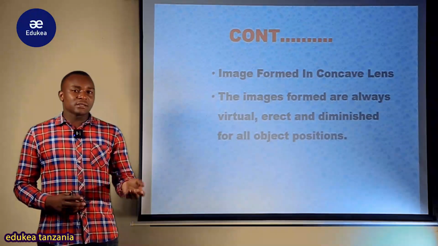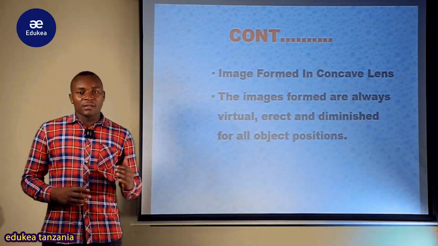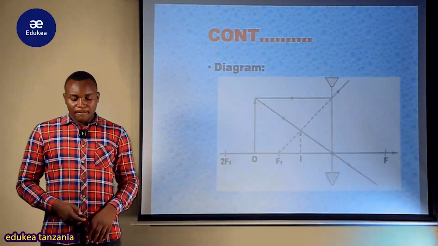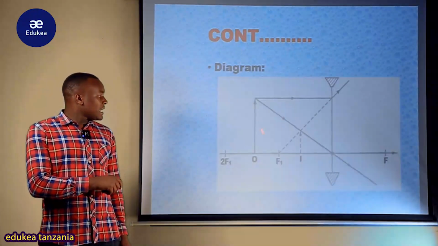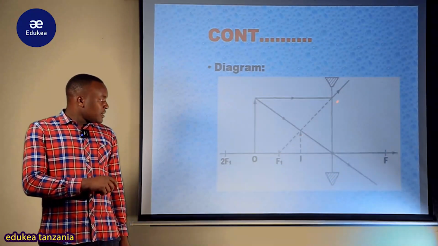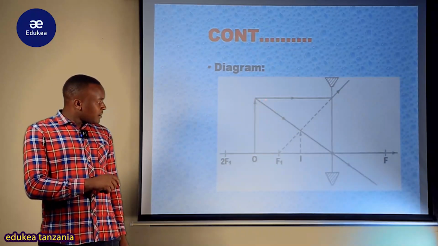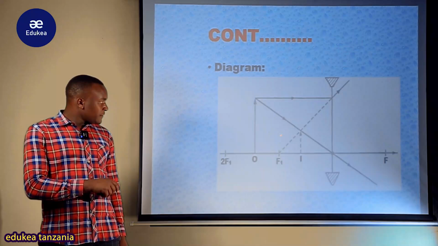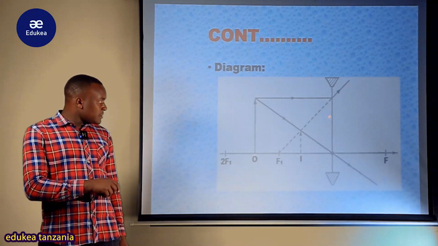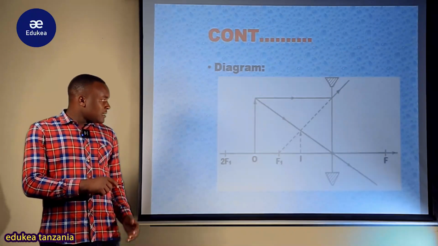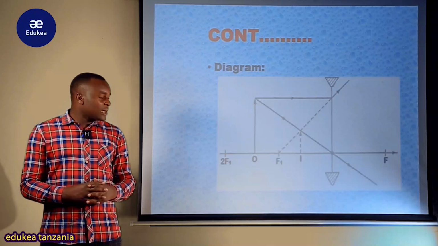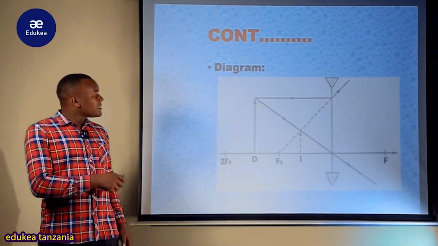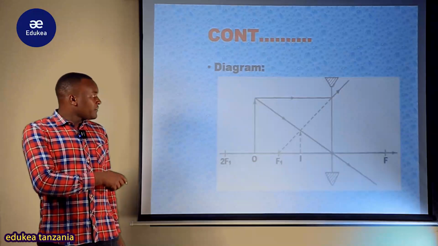They are always diminished for all the position you put your object. As you can see the diagram, kama unavyoona image itatokea katika hii point, as you can see. So that is how you can draw the image formed katika concave lens.